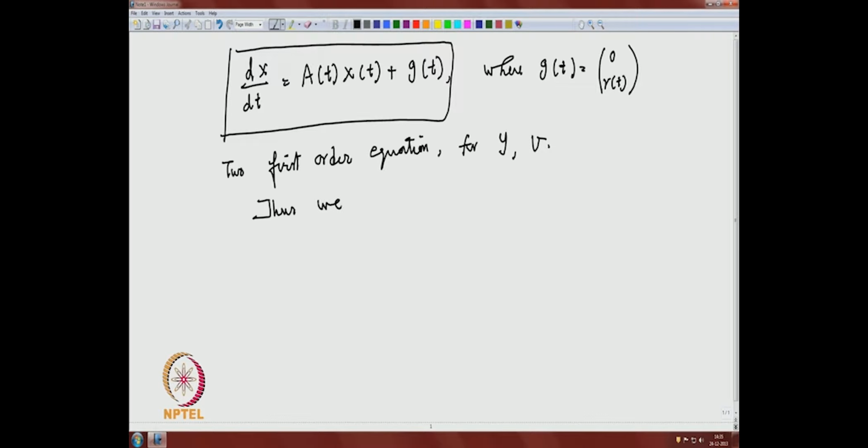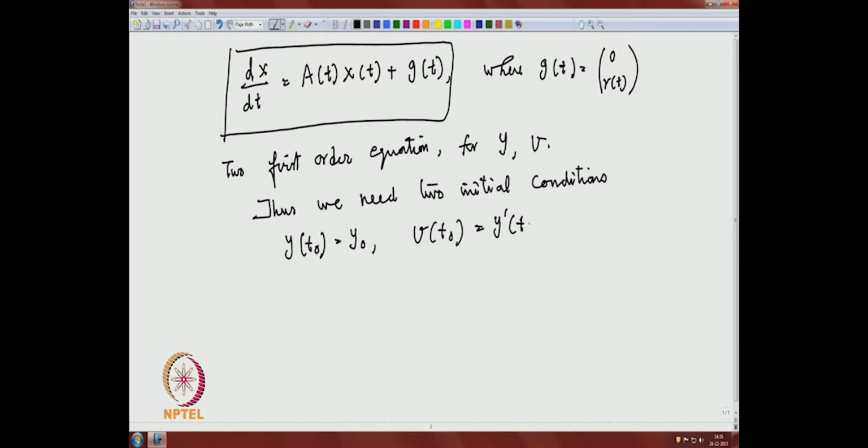Thus, we need two initial conditions: y at t naught equal to y naught, and v at t naught, which is the same as y prime at t naught, equal to y1. So, that is why the initial condition.